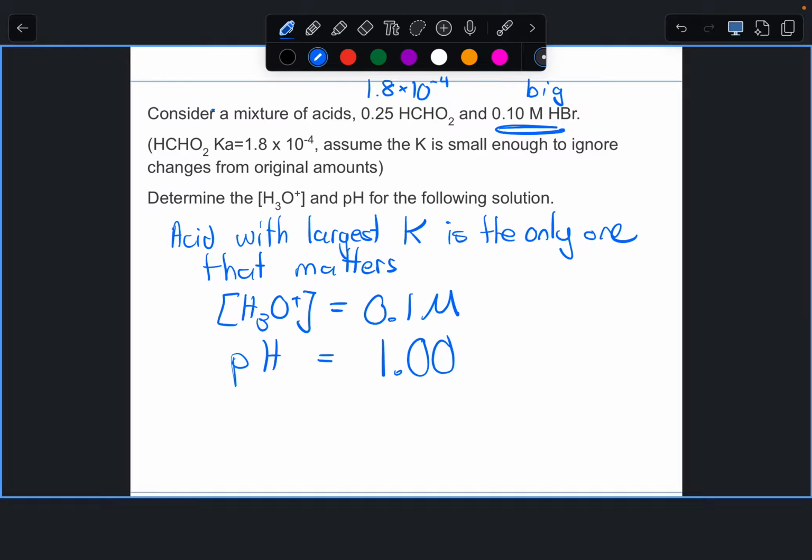I'm just going to leave it for next class because I don't want to mess up where we're at and where the other class was. So I'll bring in a sample problem that has two weak acids for the beginning of next class, or I'll just take them off the homework, but I'll decide by that point. Okay? So for now, just assume whichever is the largest K, that's the only one that's going to affect the pH.